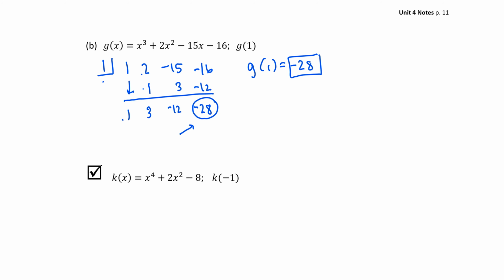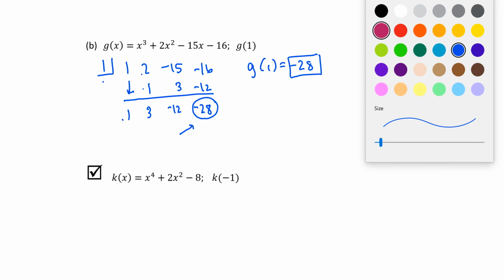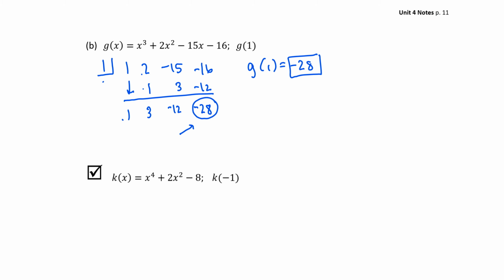Now, let's make some further observations about this problem. We have worked the problem. Negative 28 is the answer. The problem is complete, so this is just for your understanding. We could say the ordered pair x equals 1, y equals negative 28 is on the graph of g of x. We can see the input x value and the output y value.